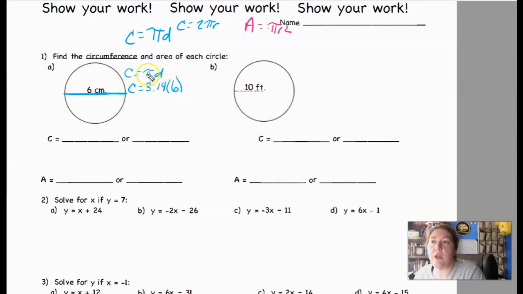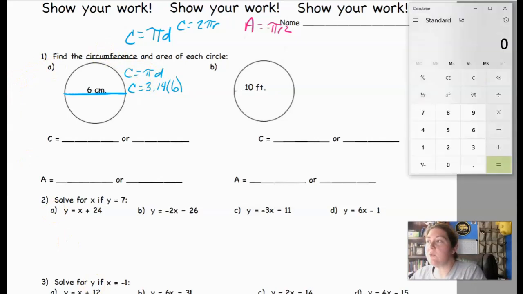Look at my formula. Pi and d are smushed. When something is smushed, what do we do? We multiply. So I'm going to go to my ultimate cheat tool, and I'm going to multiply 3.14 times 6. That gives me 18.84. 18.84 gorillas? No, centimeters. I need to know what you're talking about.